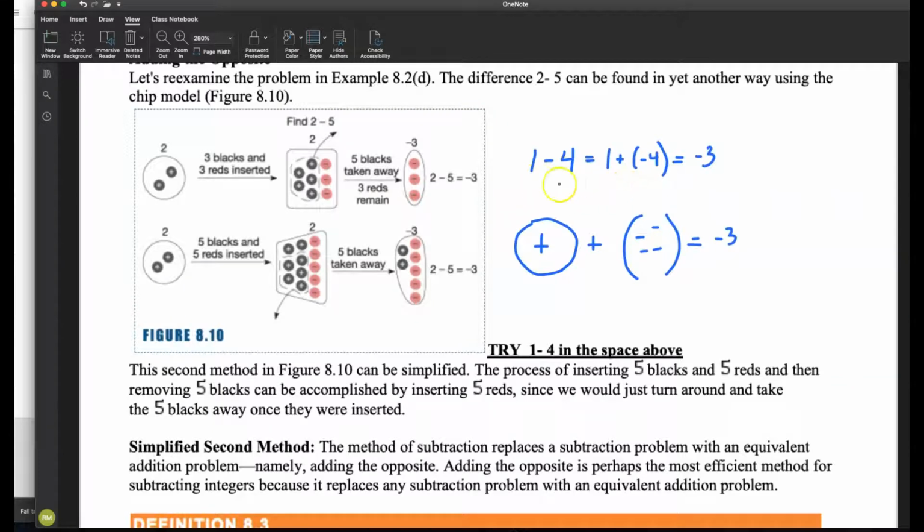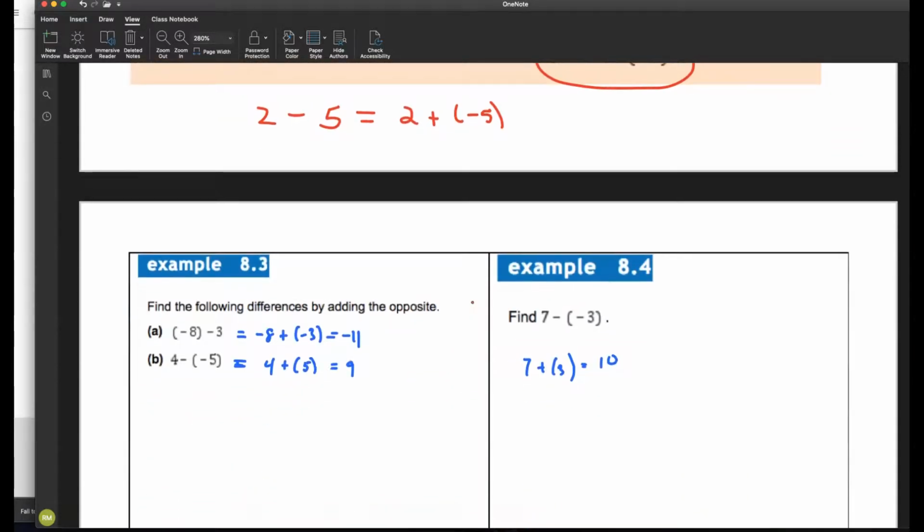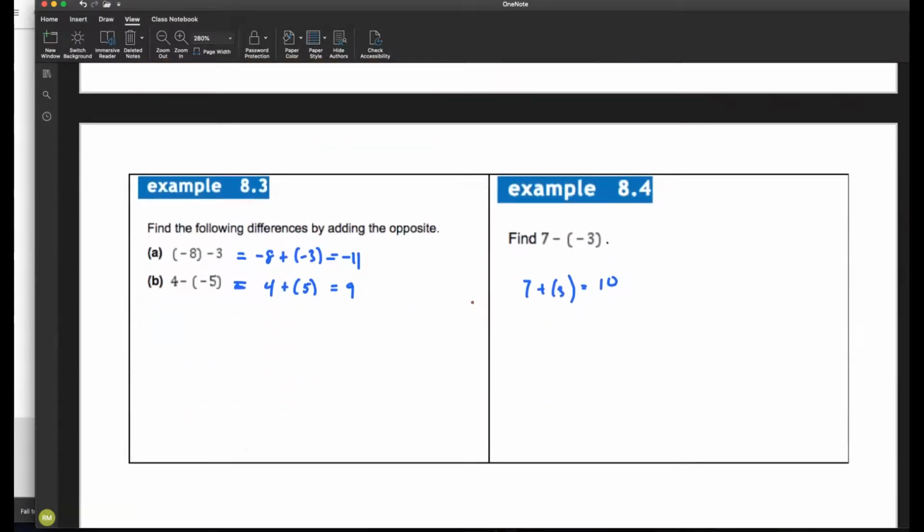1 minus 4 here turns into this. Basically, you're turning everything to addition so you can solve it. You'll practice this. Here are the answers. You can see how I turned every one into the opposite. Same thing here, 7 minus negative 3 just turns into 7 plus 3.